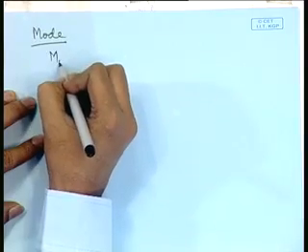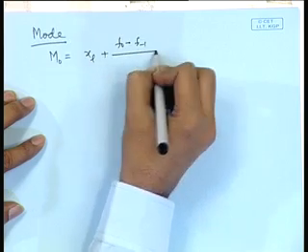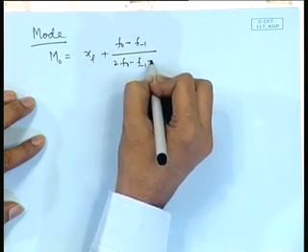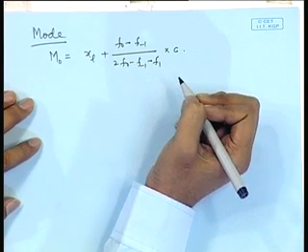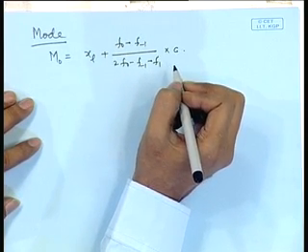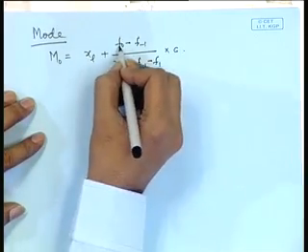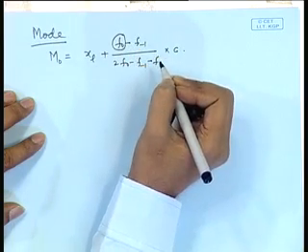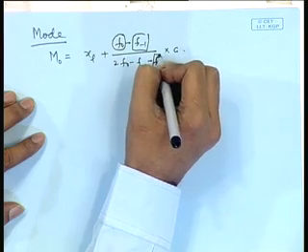However, if I have frequency classification data in the form of class intervals, we need a particular formula. That formula is: mode is equal to XL plus (f0 minus f minus 1) divided by (2 f0 minus f minus 1 minus f1), into C. What we do is consider the class interval of the maximum frequency, and f0 is the frequency of that class, that is called the modal class. f minus 1 is the frequency of the class prior to that, and f1 is the frequency of the class after it.